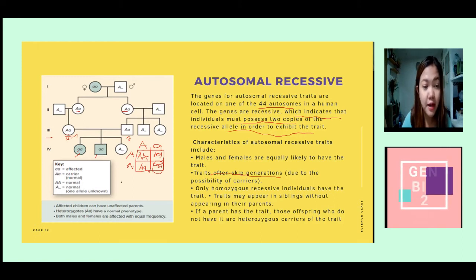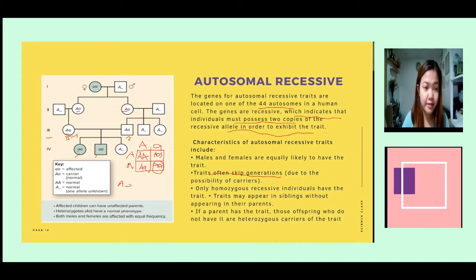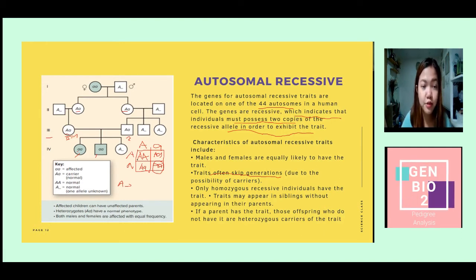Pero as you can see, bakit ganyan? A and meron tayong underscore. That is because, or that means that one allele is unknown. Kasi pag pinanasquare na natin siya, it could be homozygous dominant or heterozygous. So, hindi pa natin ma-identify kung homozygous siya or hetero. That's why, black na lang yun.